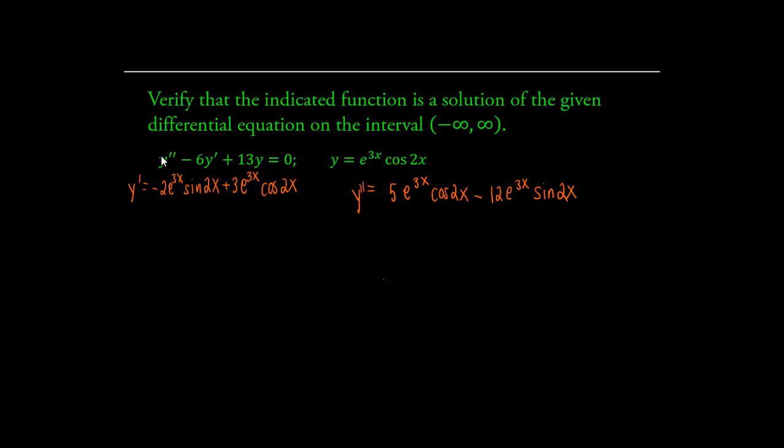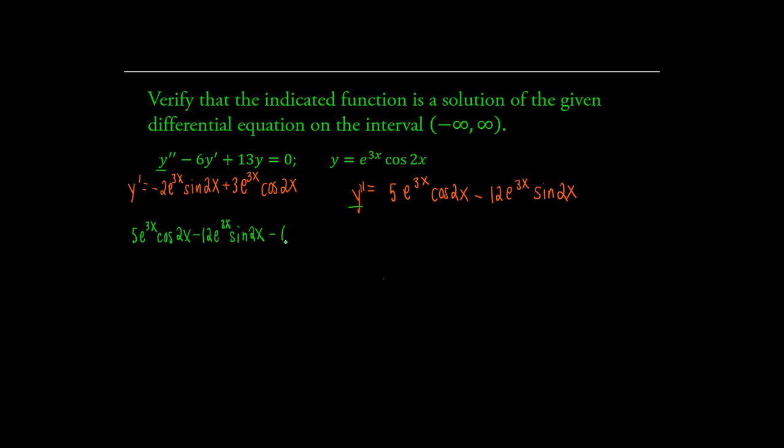So we're going to start with substituting in the value for y double prime, which we said is 5e to the 3x cosine 2x minus 12e to the 3x sine 2x.